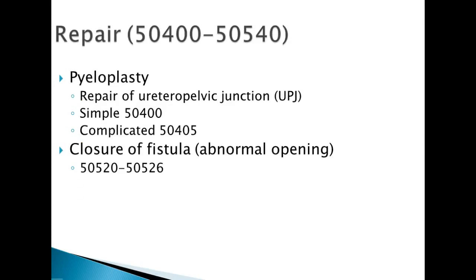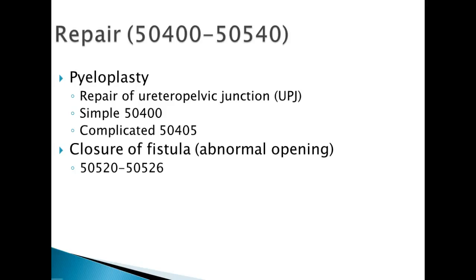Repair category codes 50400 through 50540 include plastic surgery, pyeloplasty, suturing, nephrorrhaphy, and closure of fistula. Pyeloplasty is a surgical procedure for an obstruction of the ureteropelvic junction, or UPJ, which connects the renal pelvis to the ureter.